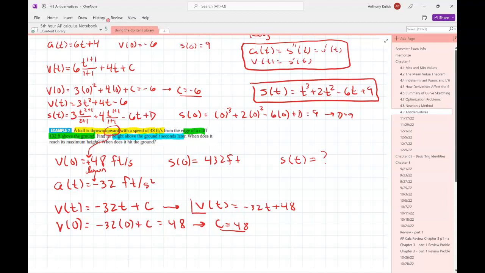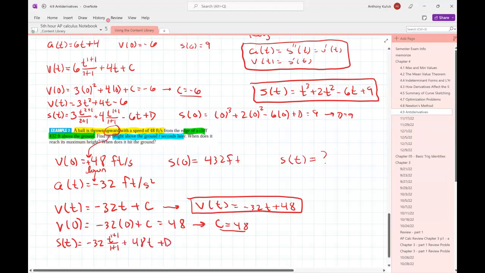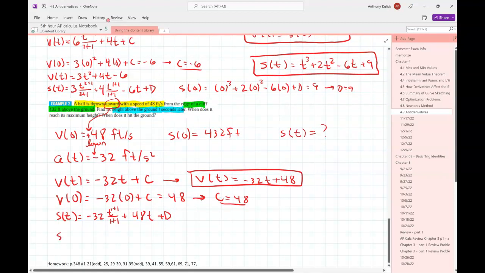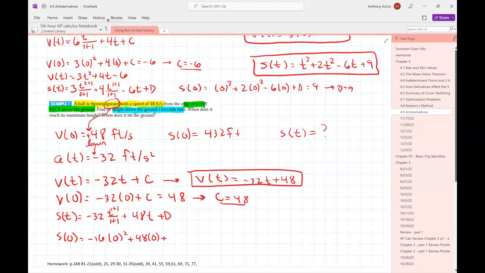So we have our new velocity equation. Now let's anti-differentiate that. Negative 32 t to the 1 plus 1 plus 48 t plus d. S of 0 should be negative 16 times 0 squared plus 48 times 0 plus d is equal to 432.